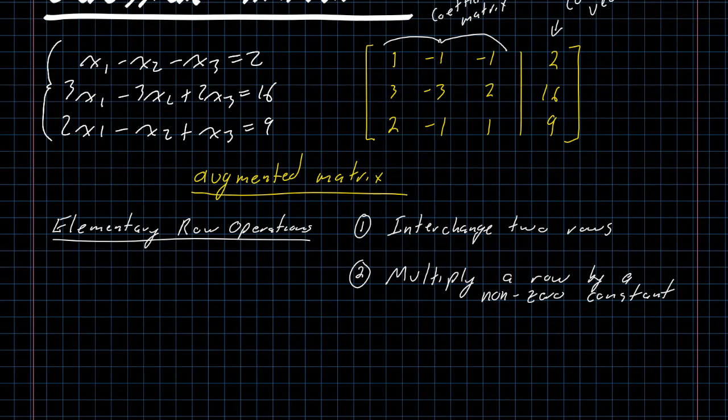Right? If you get your equation down to just one variable and you have something like 5x3 equals 10, you want to divide both sides of the equation by 5, or equivalently, multiply both sides of the equation by 1/5. That's the process that this elementary row operation is trying to get us to do.